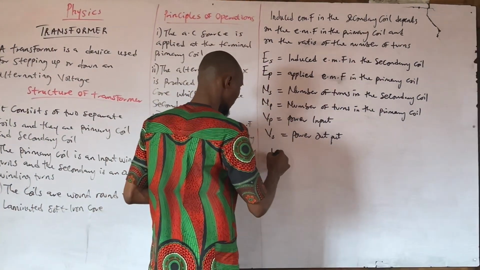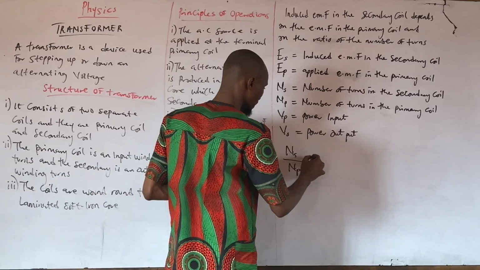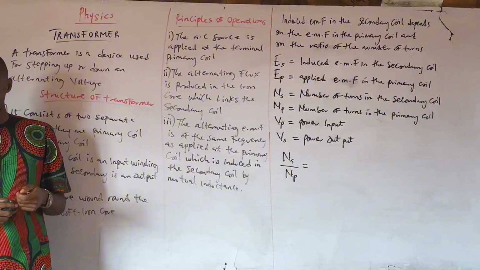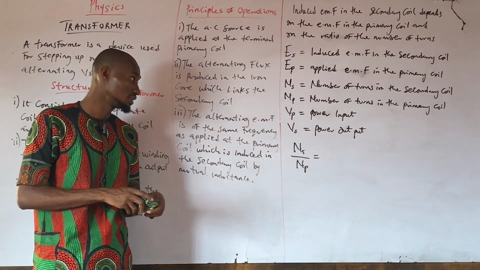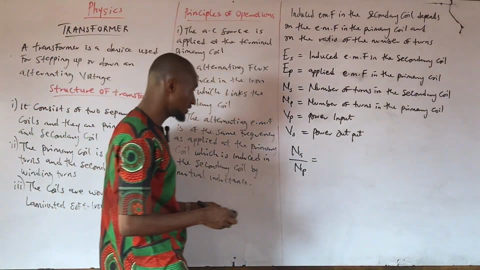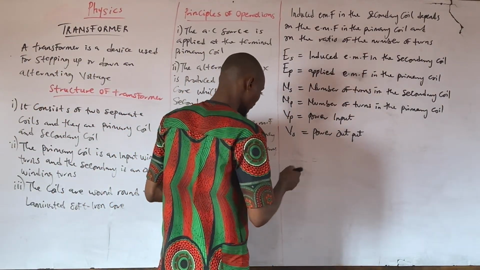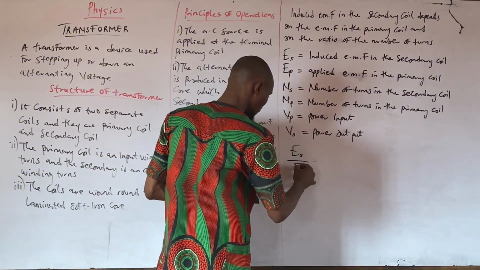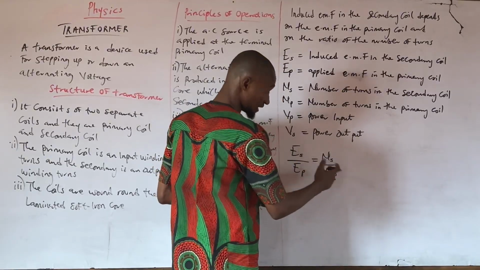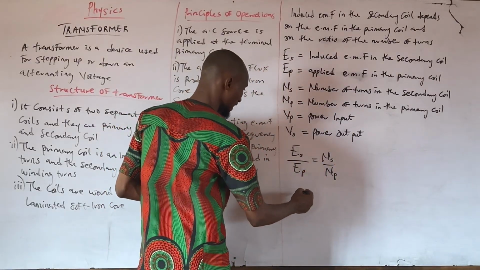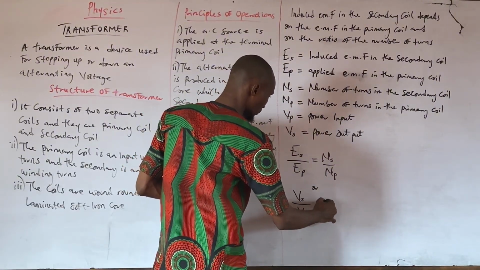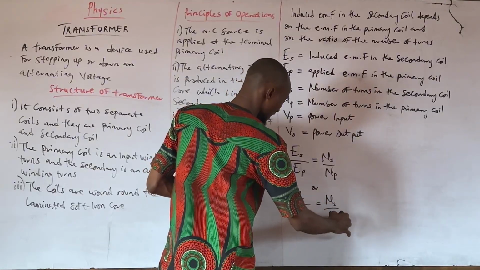Here, Es over Ep equal to Ns over Np. Are you there? They are the same thing. Do you understand? So here you can say Vs over Vp equal to Ns over Np.